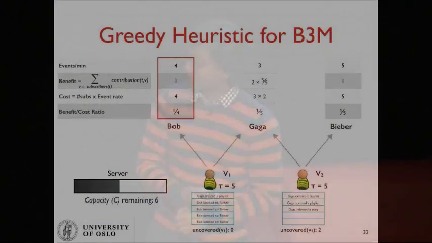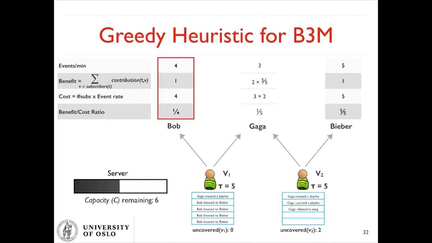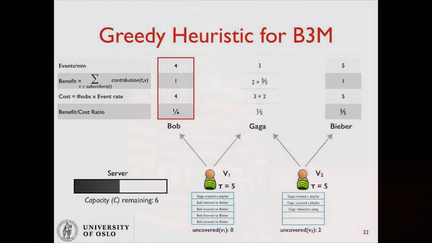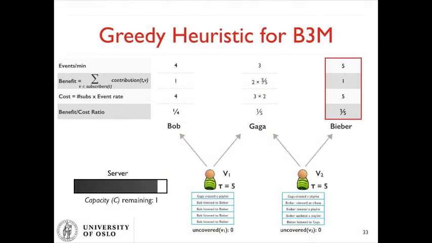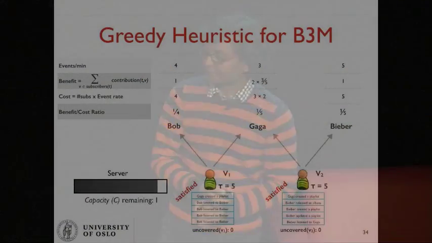As we proceed with the algorithm, the benefit of, for example, Bob is now increased to 1, because if you select Bob, it completely meets the satisfaction of subscriber V1. It becomes the most beneficial topic, the one with the highest benefit to cost ratio, and then we pick this topic. And finally, we also pick Bieber to meet the satisfaction of both the subscribers.